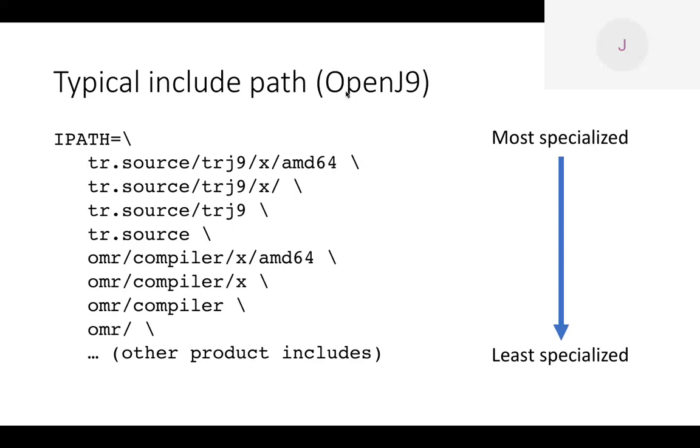So if something isn't found there, the next directory it'll search is the next least specialized, which is just TRJ9X, so just x86. And if it can't find anything there, it'll look somewhere in the J9 project if it can find stuff. So it'll basically walk its way out of this project. It'll then do the same kind of thing in the OMR project as well. And eventually, it should find something. And in the worst case, you would find something in the most general OMR layer here as well if you haven't provided any specialization.